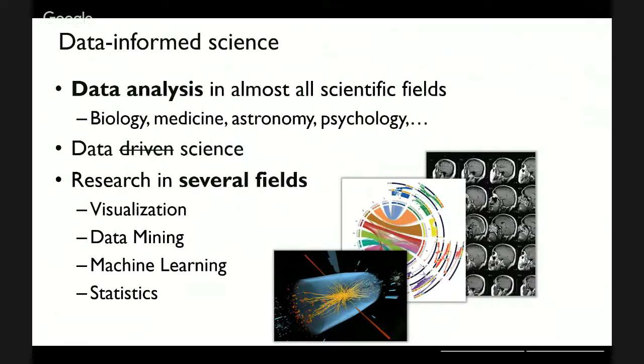To start with, this is a general intro to what I mean by data-informed science. This is a topic that has recently been a point of discussion, because when data-intensive research initially became popular in domains like biology, medicine, astronomy, and even psychology, where we see more and more use of data, there were voices saying data-driven research or data-driven science.